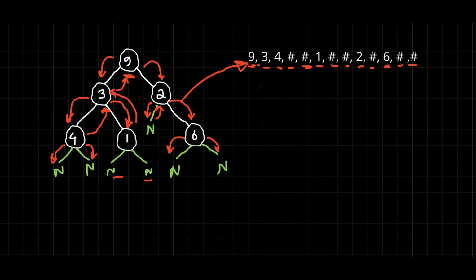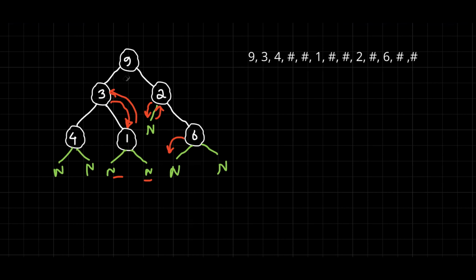Now we have understood how this serialized version comes from the original tree. Now we have to determine whether this serialized version is a representation of a valid binary tree or not.